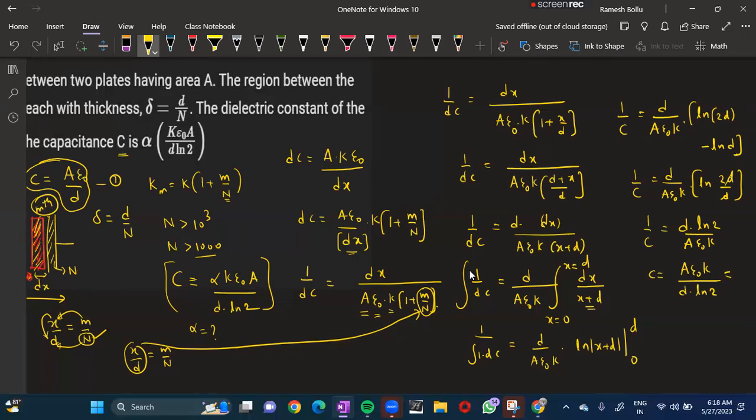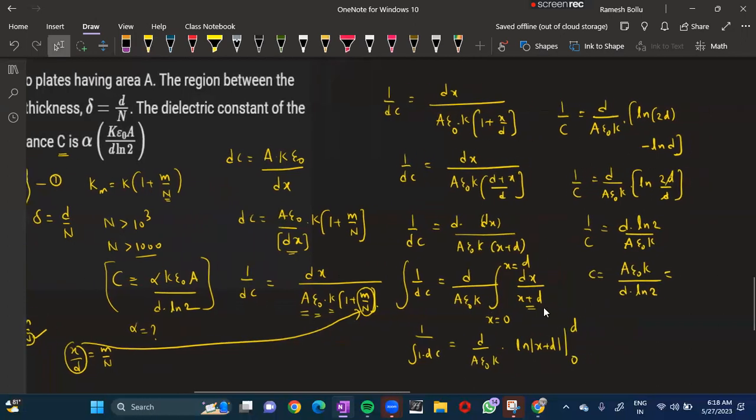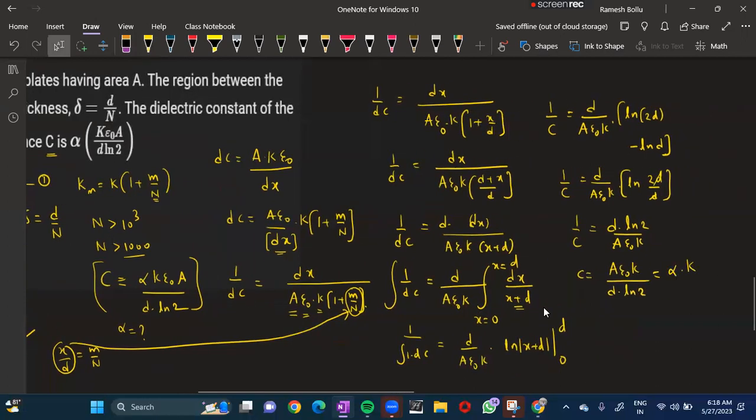As per the data, the question gives the capacitance as alpha into K into epsilon naught into A divided by d into ln 2. A, epsilon naught, K, d, ln 2 cancel, so alpha value 1 is your answer.